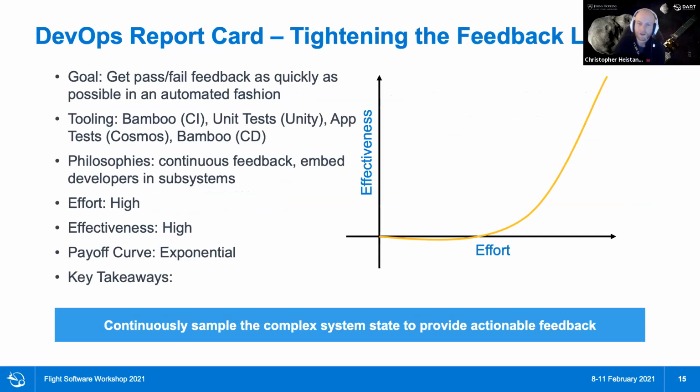The last one is tightening the feedback loop. This pulls in all three. You are setting the speed of check-ins with small bites, and you are able to visualize and understand what's going on with that visualization mantra. When you do a check-in and understand the state of the system, it should give you a pass-fail.